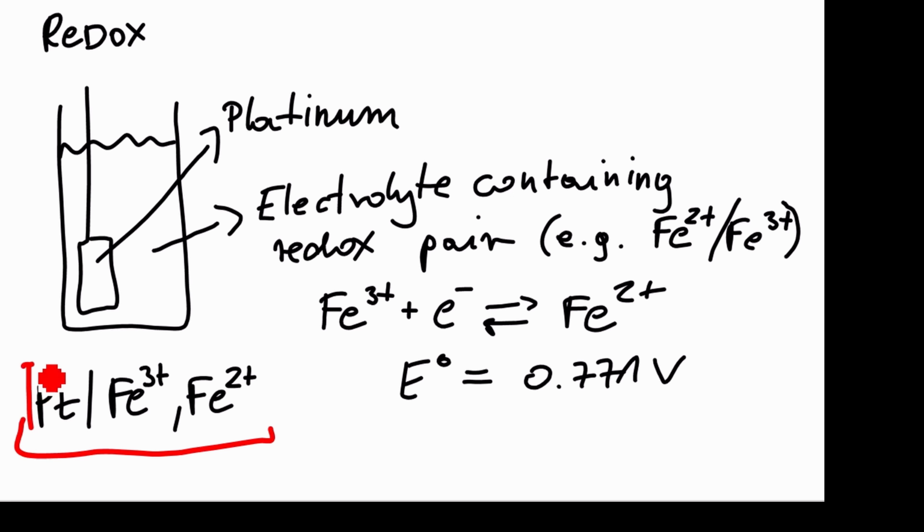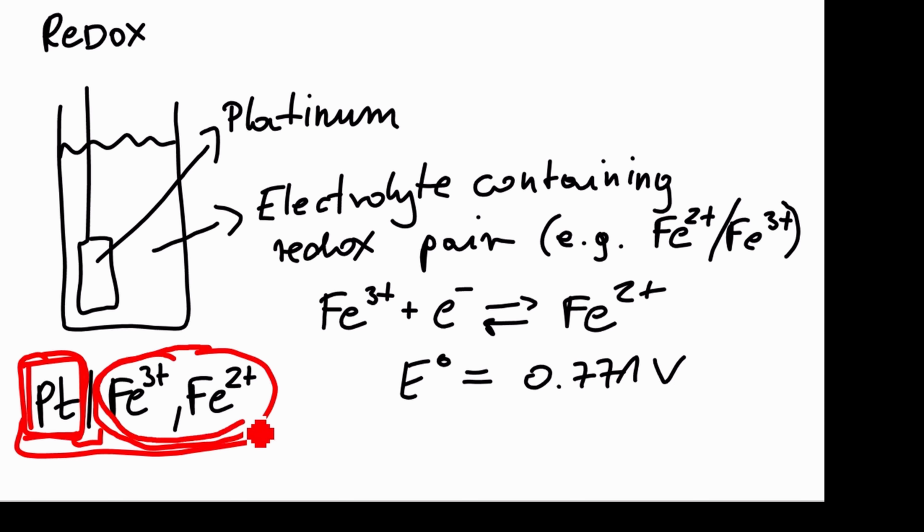Platinum as a matrix, single vertical bar. So we have the interface between solid platinum and the aqueous electrolyte solution containing two different ions, but those ions are ions from the same chemical element.